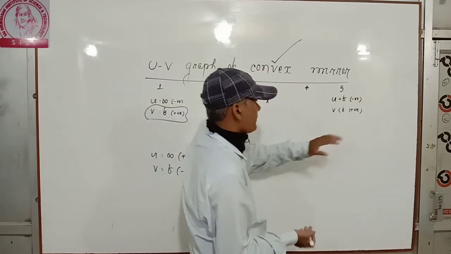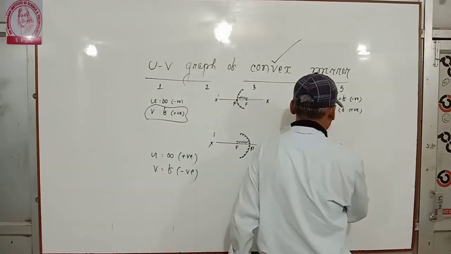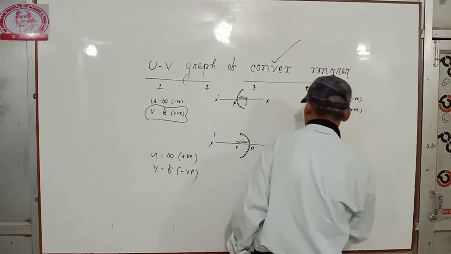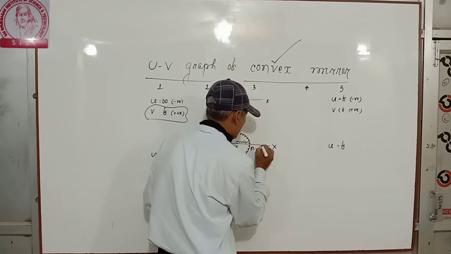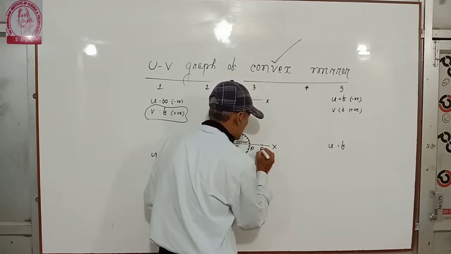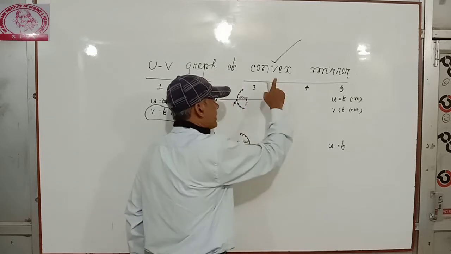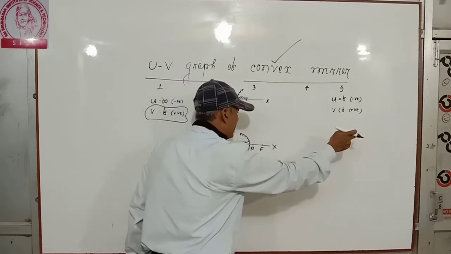At case 5, U is equal to F, means the object is at the principal focus in front of the convex mirror. The object is not at infinity.